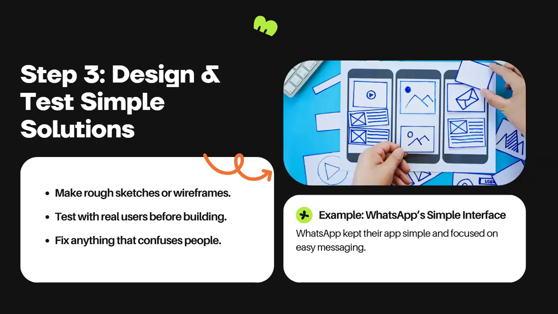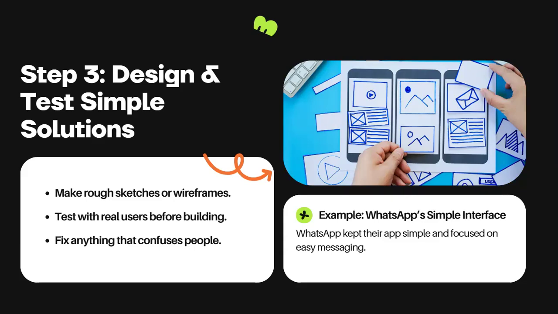Number 3, design and test simple solutions. Make rough sketches or wireframes, then test with real users before building. You can create a rough wireframe, test the flow, and fix anything that confuses people. For example, WhatsApp's simple interface.